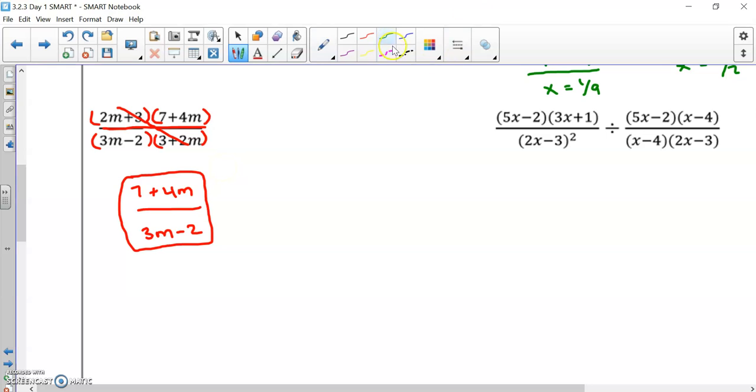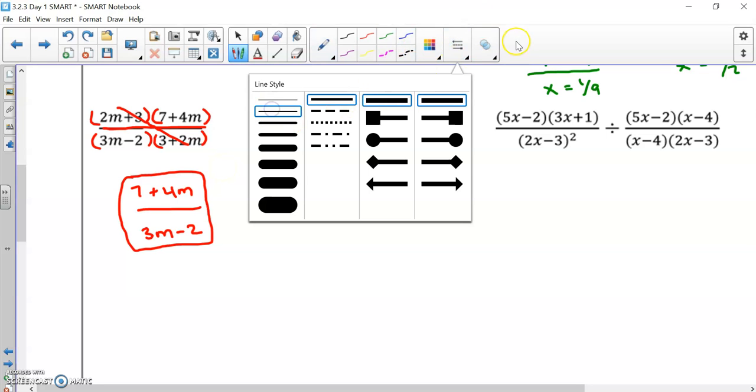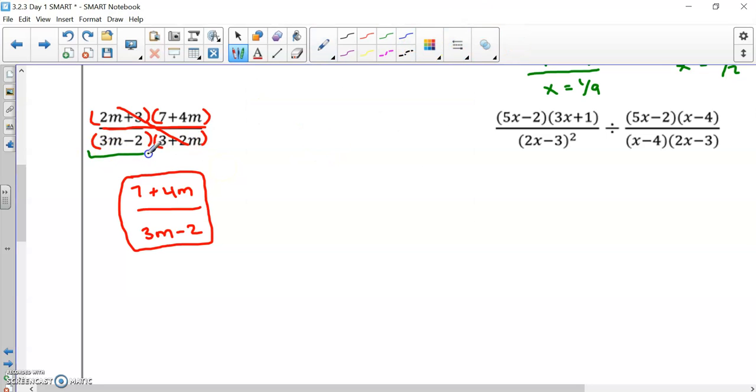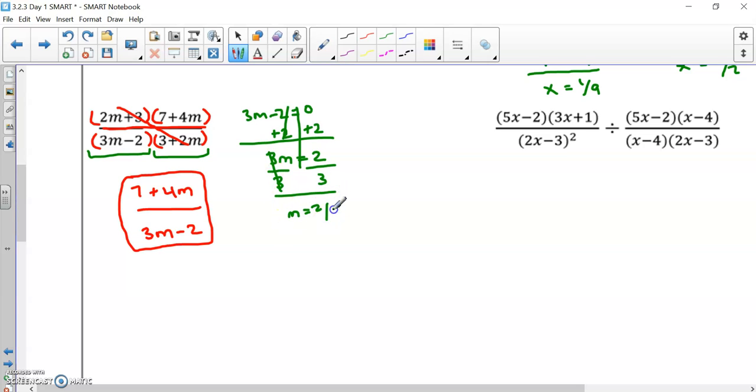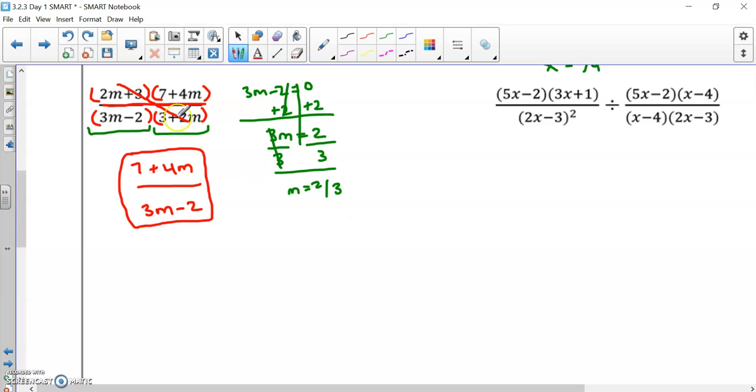All right, on to the excluded values. We have this one and this one. So 3m minus 2 equals 0. Let's solve this and get m by itself. Add 2 to both sides, so we get 3m equals 2. Divide both sides by 3, and we get that m equals 2/3. So that's one excluded value. Let's do the other one with the 3 plus 2m.